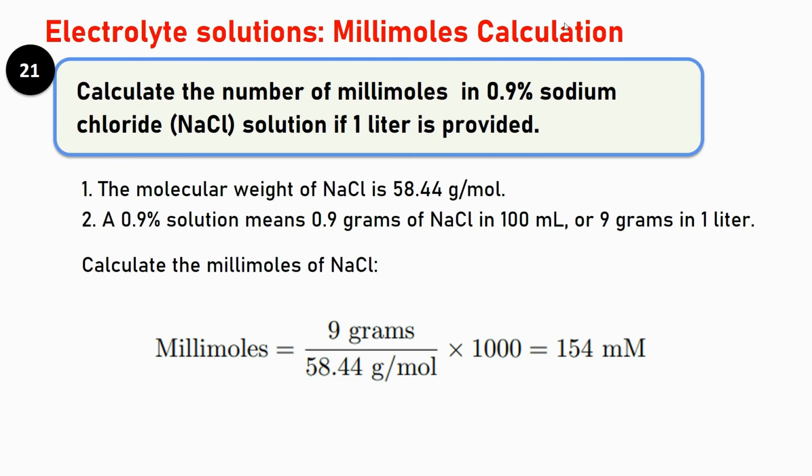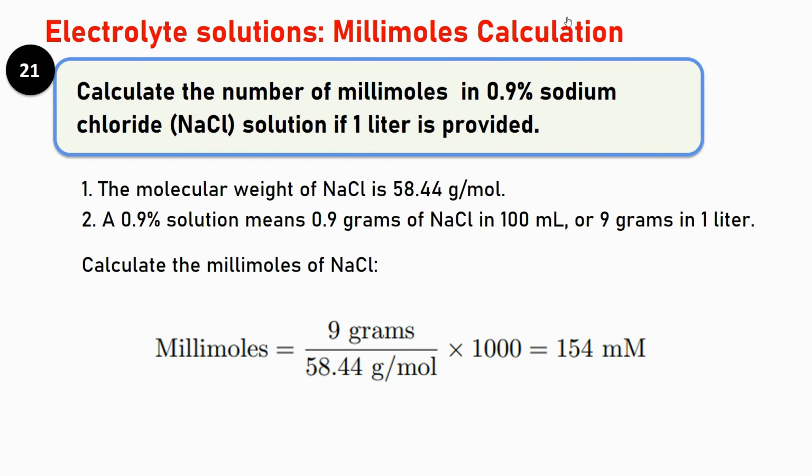Let's solve. Basically, 0.9% means 0.9 grams in 100 mL. However, this is for 1 liter, so you multiply 0.9 by 10, that gives you 9 grams.